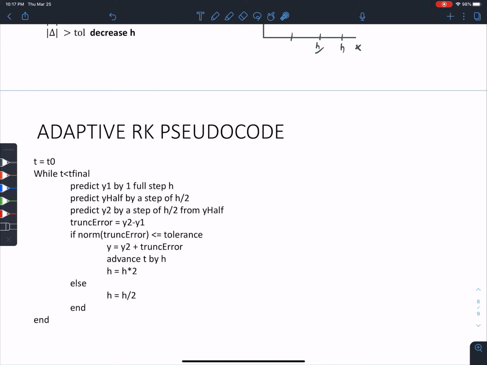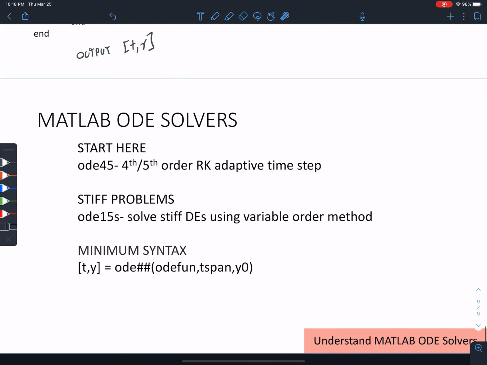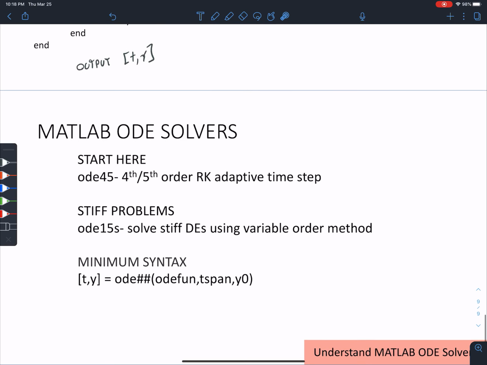And of course you output from this code your vector containing time variables and y, right? So this is the pseudocode, or hand waving code, or essentially a plan for coding an adaptive time step. Now MATLAB has functions that do this already, right?